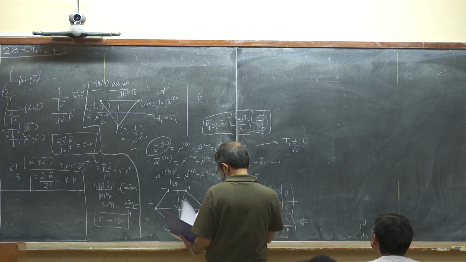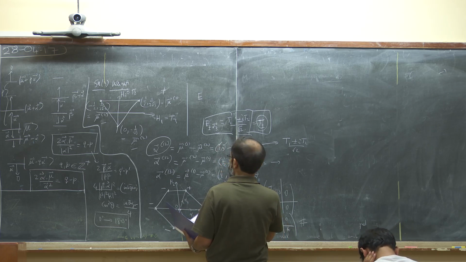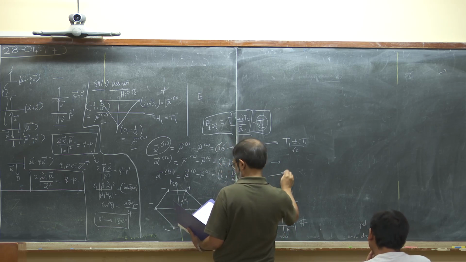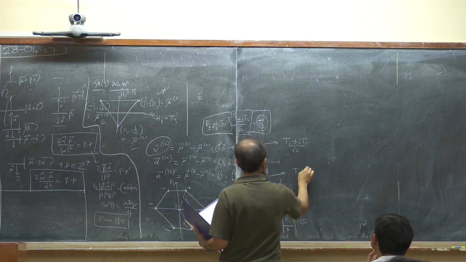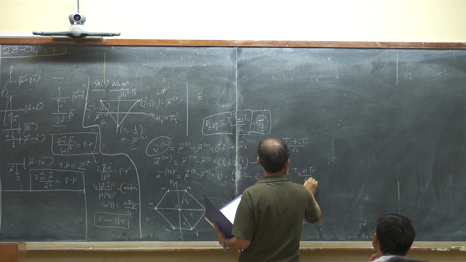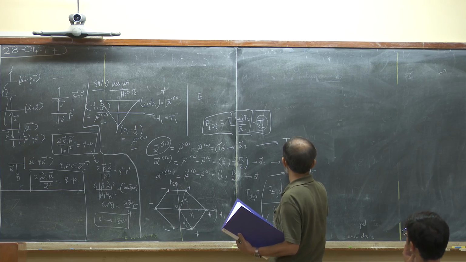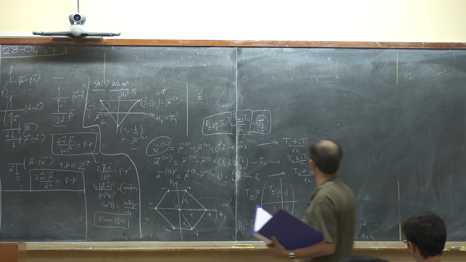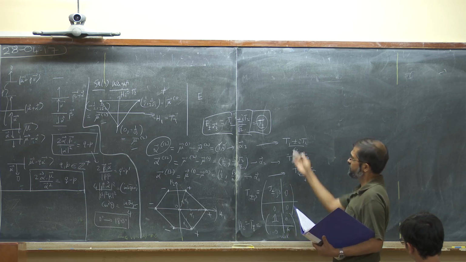For alpha 1 it is T4 plus minus i T5 divided by square root of 2, and for this it is T6 plus minus i T7 divided by square root of 2. That seems to be a lot of hard work.